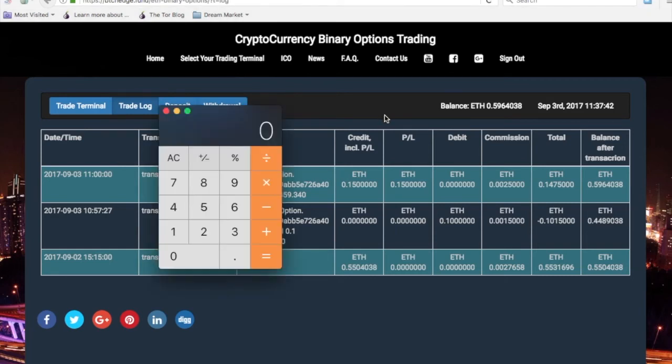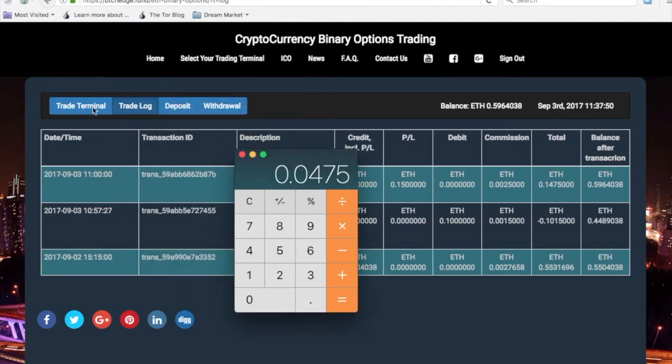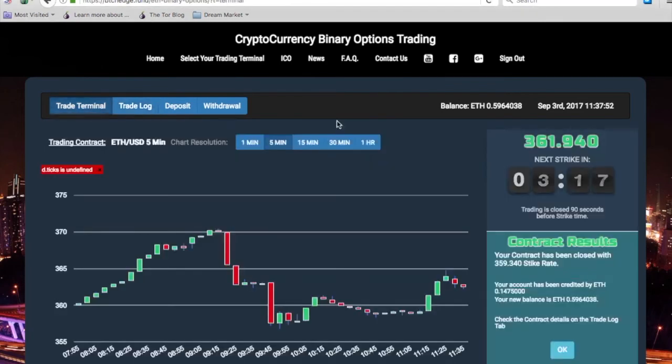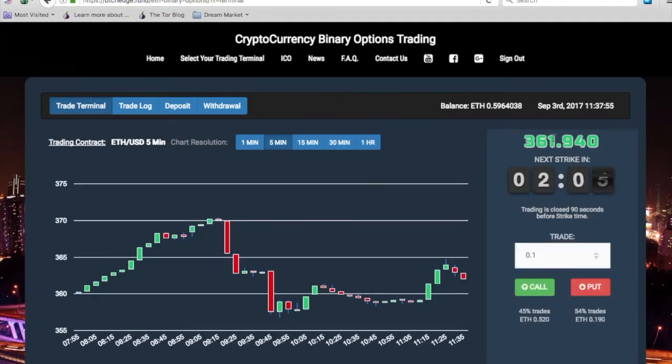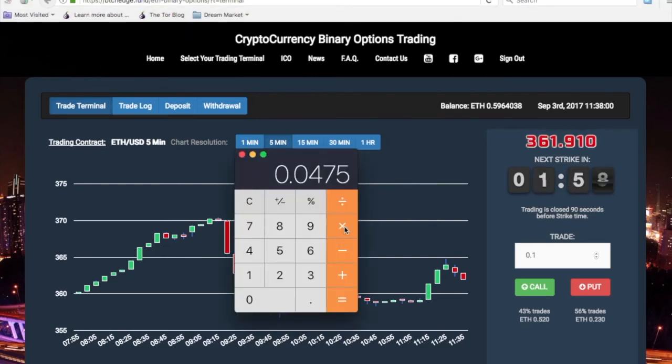Now let's run a calculator and see how much we gained on this trade. So our net profit was 0.0475 Ether, and the current price is about $362 per 1 Ether.